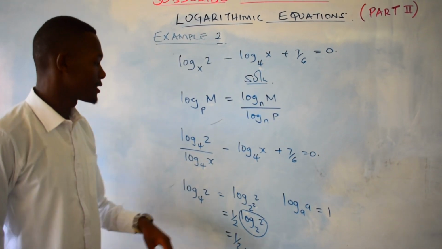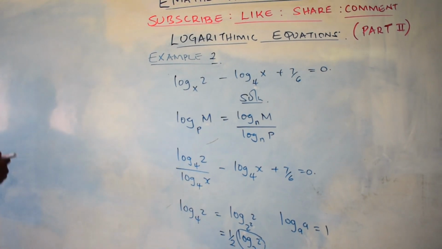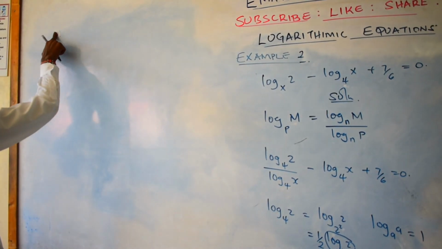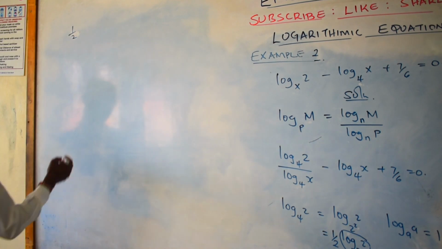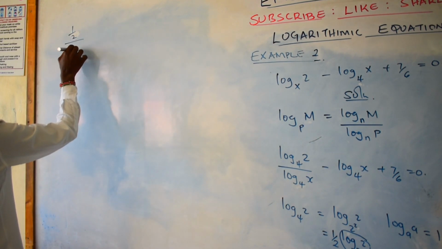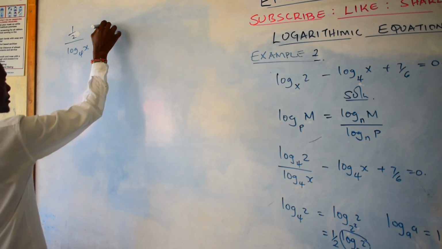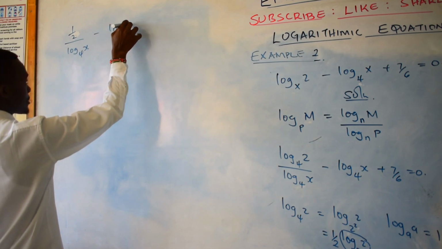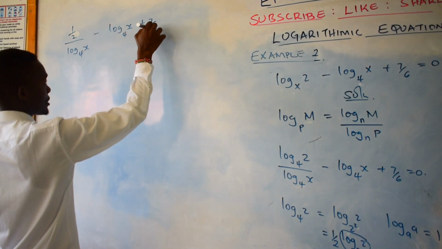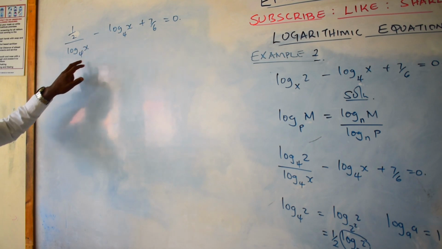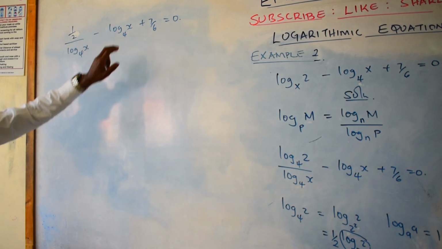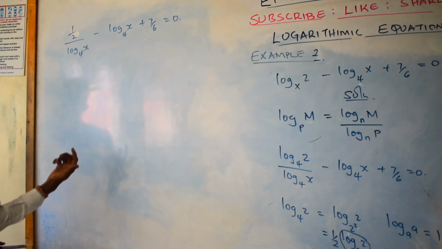So therefore, in writing this, we shall have the log. Now, the upper side simplifies to become a half. Then we have log of 4x minus log of 4x plus 7 over 6 equals 0. Now, in our case here, we can let this value become a letter.